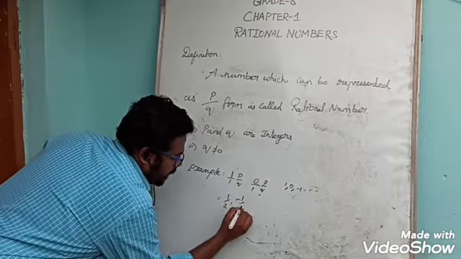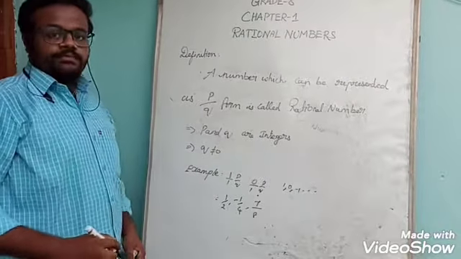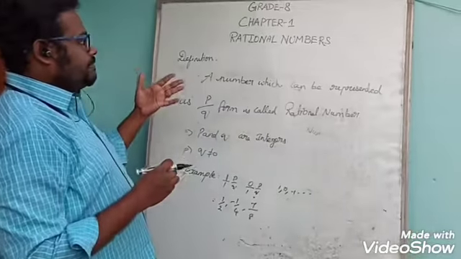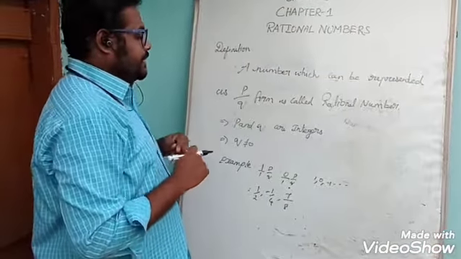1 by 2, minus 1 by 4, and then 7 by 8, these are examples of rational numbers. And then rational numbers can be classified into positive rational numbers and negative rational numbers.